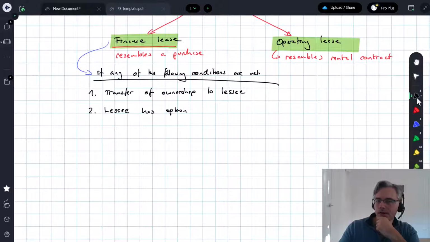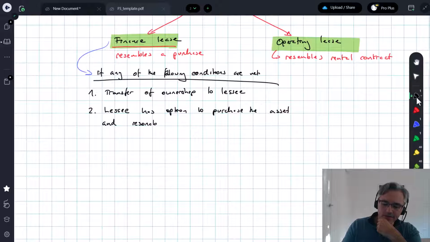This is very often the case with cars. They've got the option to purchase the asset, typically at the end of the lease term, and we can be reasonably certain that they are going to do it. To do so, we've got a finance lease.